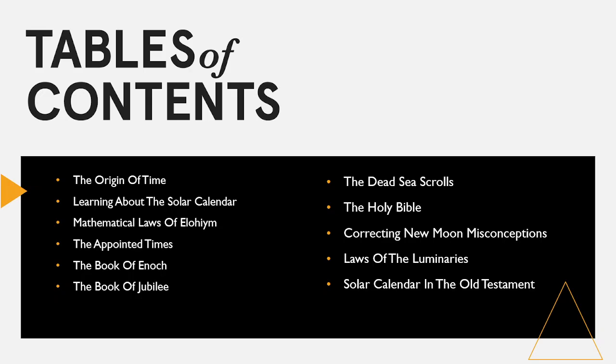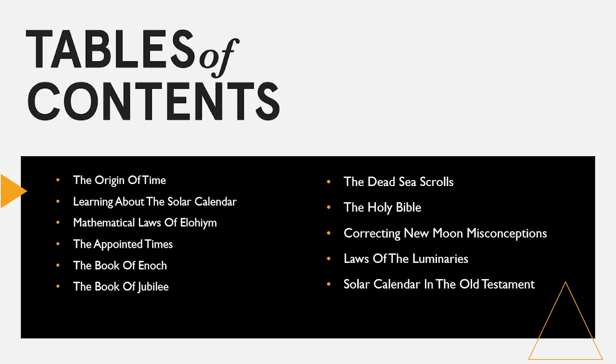We also learned that he has appointed times for monumental events to take place, and we discovered that these times are on his holy days. So discerning what calendar we should use to determine the holy days is pivotal for us so that we can be in sync with his schedule.